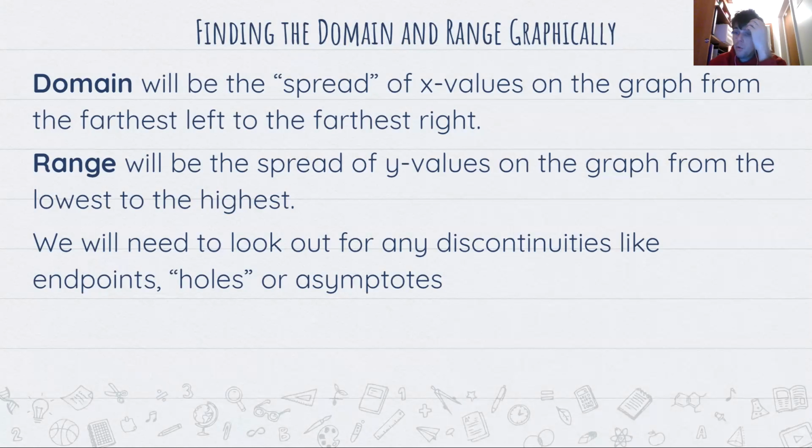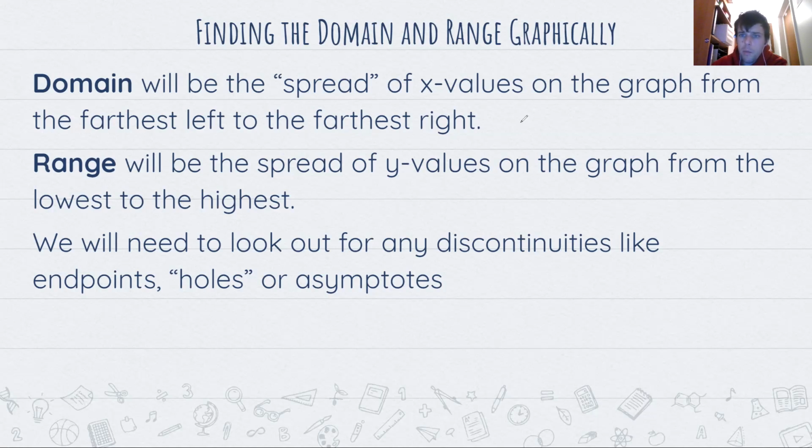All right, a couple quick definitions. Domain. When we talk about domain graphically, we're talking about the spread of the x values on the graph from the farthest left to the farthest right. And the range is a similar thing, the spread of y values, but from the lowest point to the highest point. We're going to be writing these domains and ranges in both set notation using inequality symbols and also interval notation.